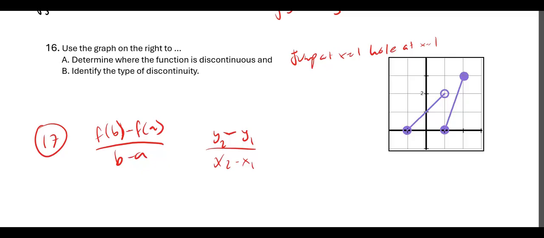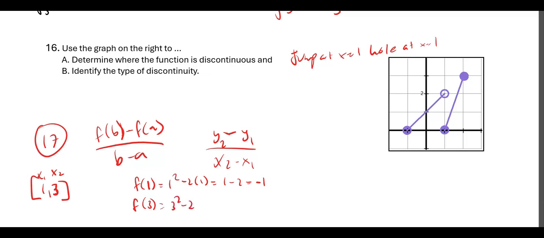So you have the points, the bounds 1, 3. Remember this is x1, this is x2. So f of 1 would be 1 squared minus 2 times 1, which is 1 minus 2, or negative 1. f of 3 would be 3 squared minus 2 times 3, which is 9 minus 6, which is 3.